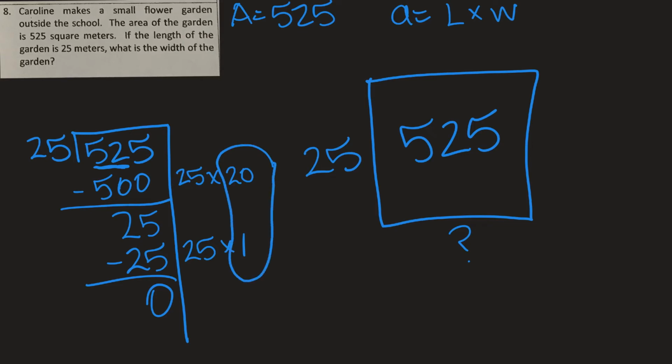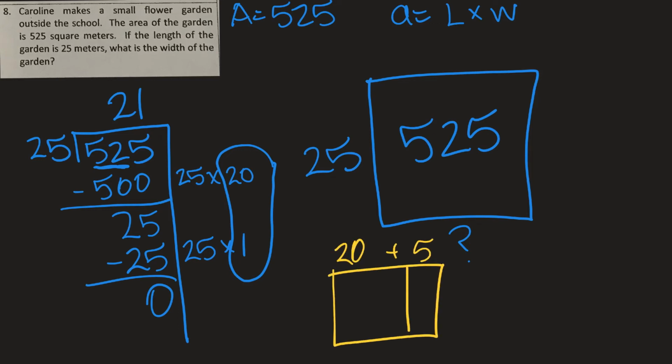So my answer to 525 divided by 25 should be 21. Now I can check that by multiplying 25 and 21 and making sure that I did it right.